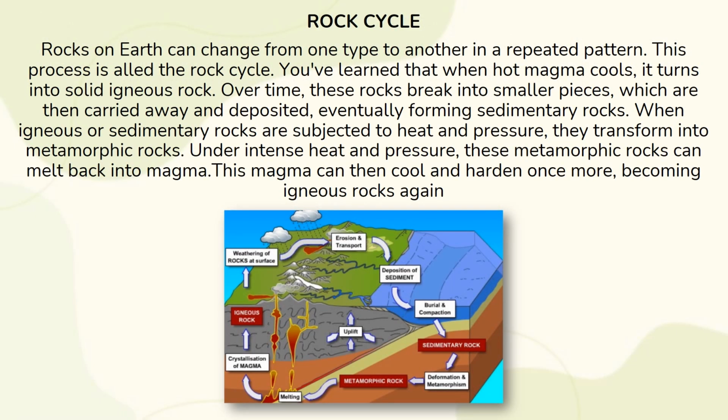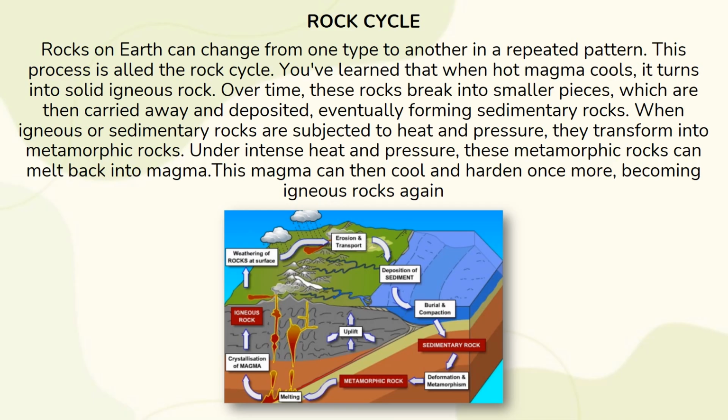Rock cycle. Rocks on Earth can change from one type to another in a repeated pattern. This process is called the rock cycle. You've learned that when hot magma cools, it turns into solid igneous rock. Over time, these rocks break into smaller pieces, which are then carried away and deposited, eventually forming sedimentary rocks.